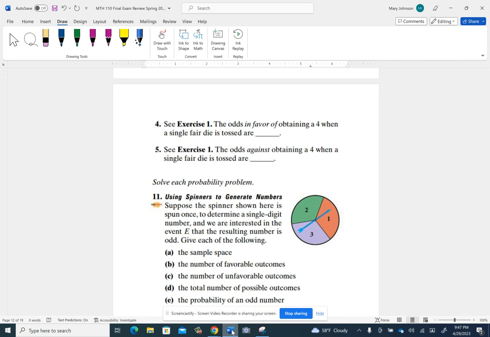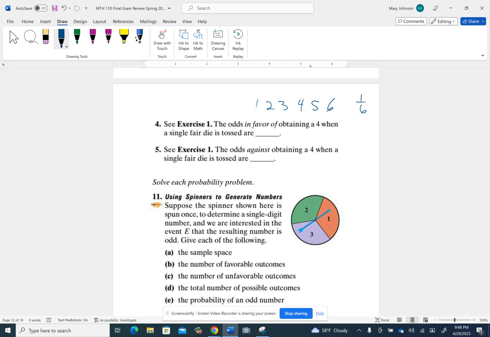We want the odds in favor of obtaining a 4 when a single fair die is tossed. So there's 6 outcomes when you toss one die, 1 through 6. We know the probability of getting any one of those is 1 out of 6. We know the probability of getting a 4 is 1 out of 6, but it doesn't want probability, it wants odds, okay?